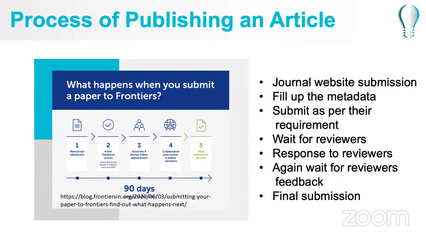Otherwise, rejection. This is the most common rejection, that the article has not followed the style required by the journal. 99% reason is this. Then you have to wait for reviews, respond to the reviewers, again wait for reviewers' feedback, and then final submission. So this process is really very hectic.